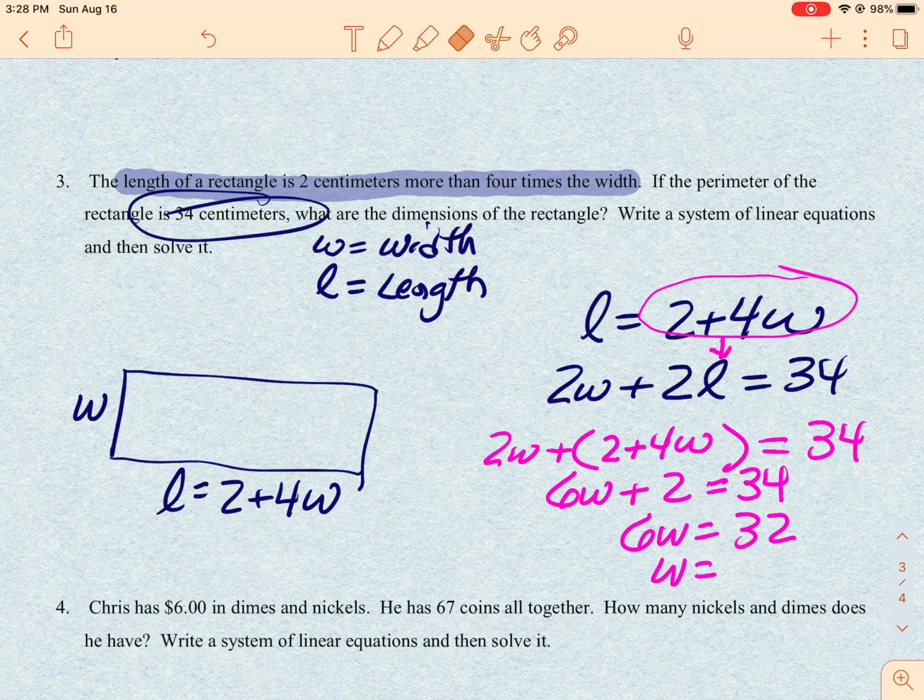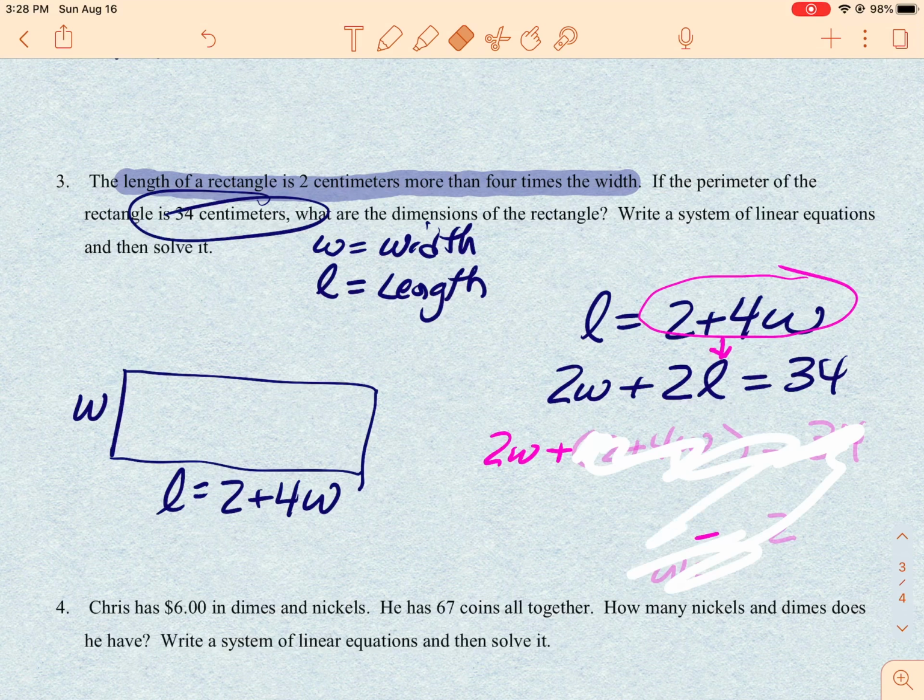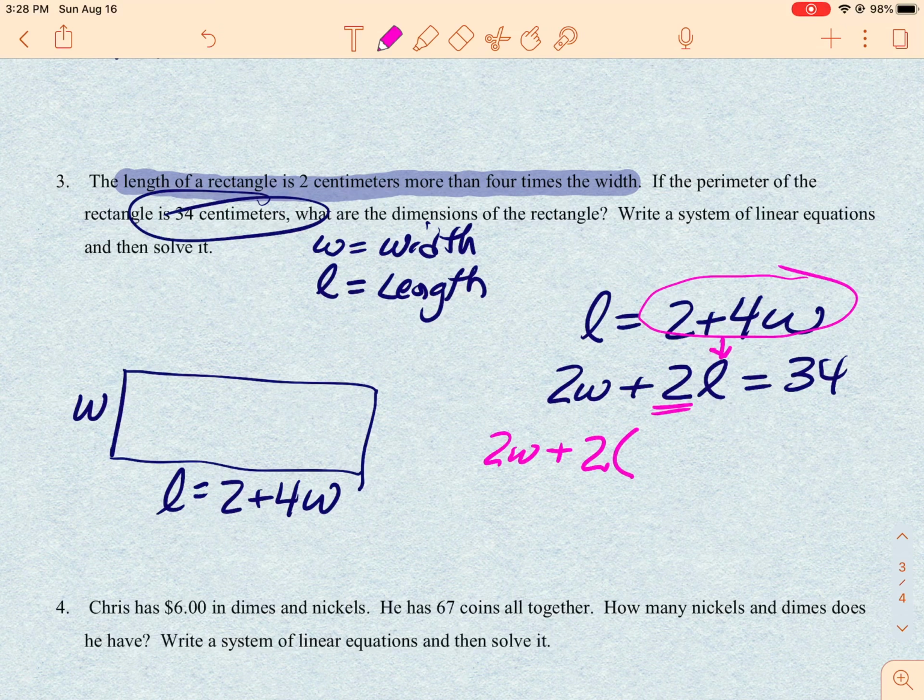Yes. When we're substituting in, this was 2L, so it's 2 times 2 plus 4W equals 34. So that 2 would end up getting distributed to each of those.